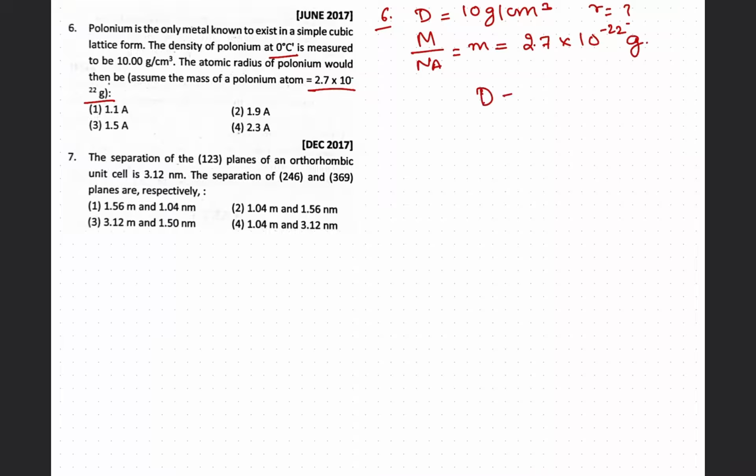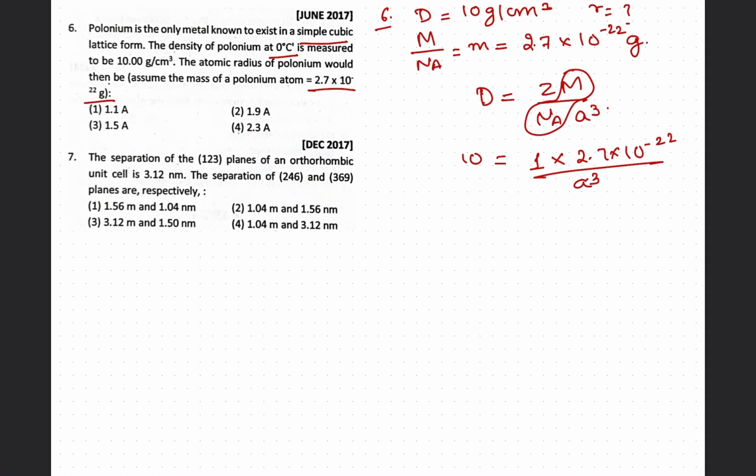So we know that density is Zm upon a cube times Avogadro number. Now we evaluate d as 10, Z is 1 for simple cubic, mass ratio is given 2.7 into 10 raised power minus 22 gram over a cube, right? A cube will be 27 into 10 raised power minus 23.